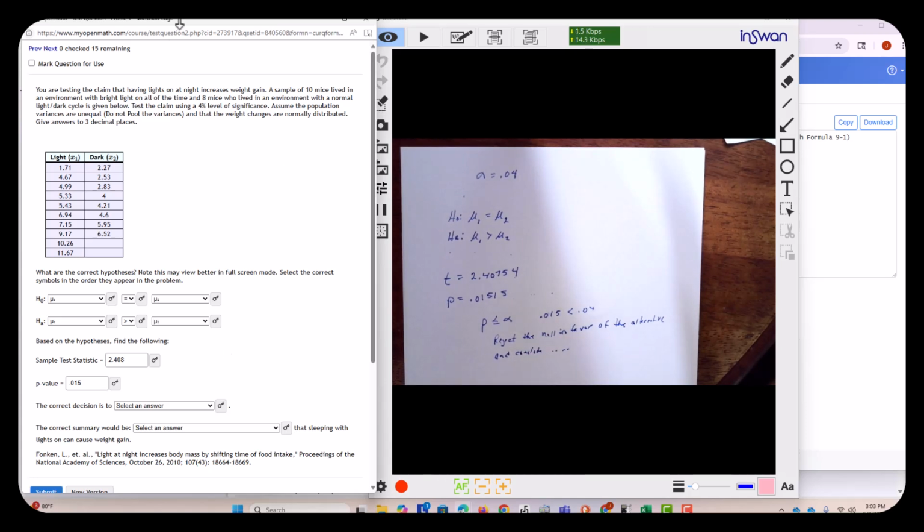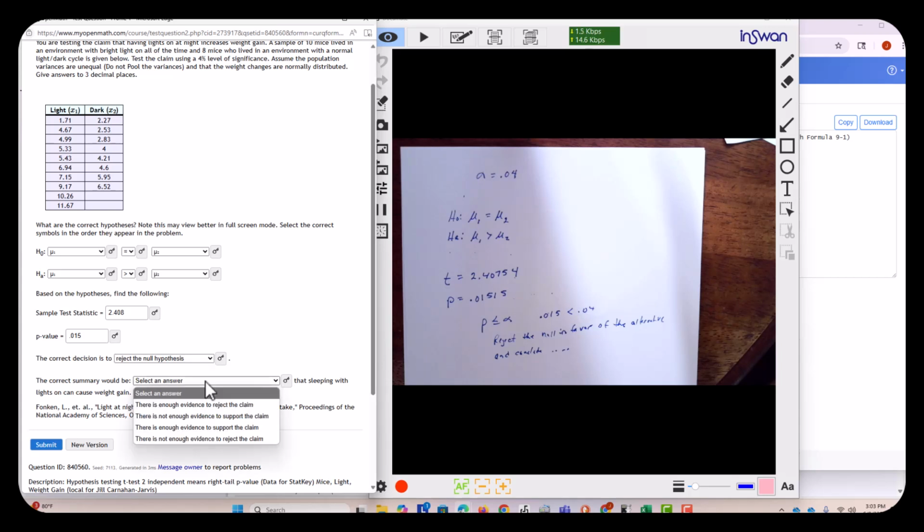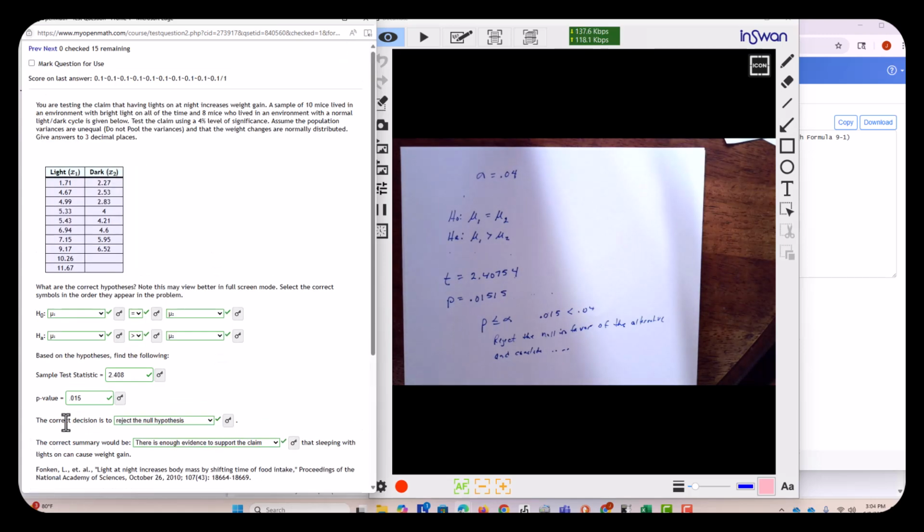You get that from your problem. Reject the null. There is enough evidence to support the claim, and the claim, the alternative, was that increasing the light did increase the weight gain. Okay, let me know if you have any questions.